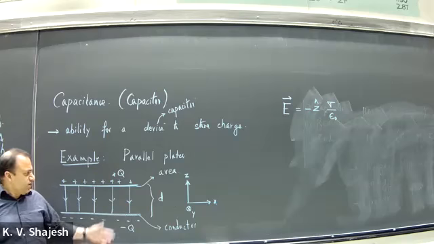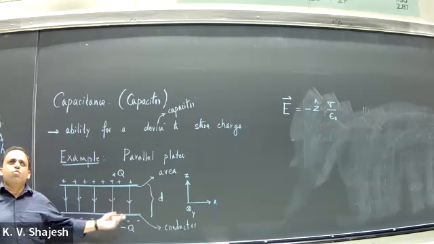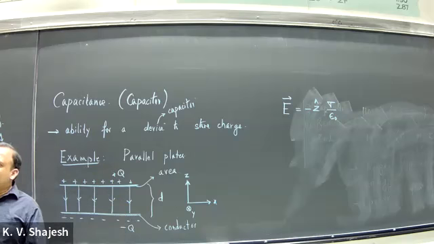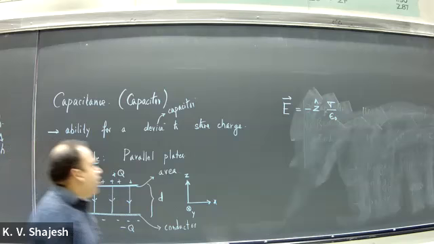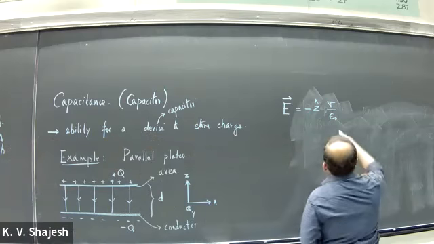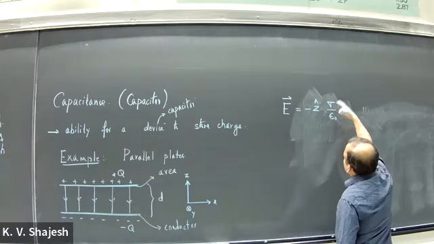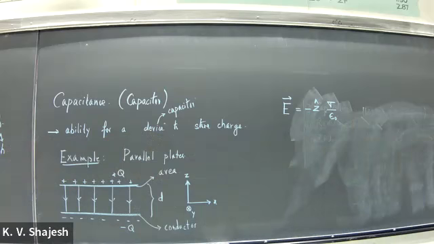And we are asking what is the electric field first, and next we will talk about how much charge is stored in there. But sigma usually is not written in terms of charge and area because typically it is of infinite extent.